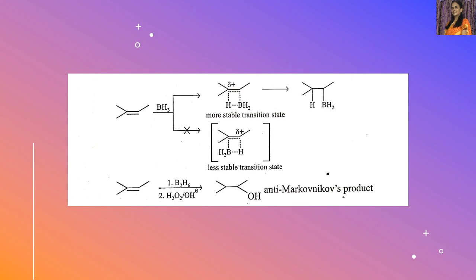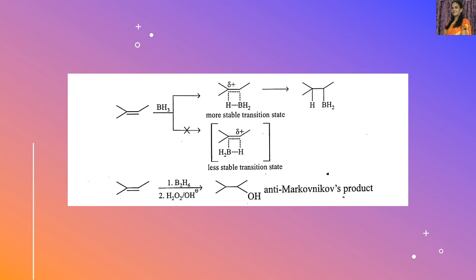In other words, if H goes to the less substituted carbon and BH2 goes to the more substituted carbon, this is the transition state produced. Now we can compare the stability of the transition states produced. In this transition state, positive charge is present on the tertiary carbon. In this one, positive charge is present on the secondary carbon.